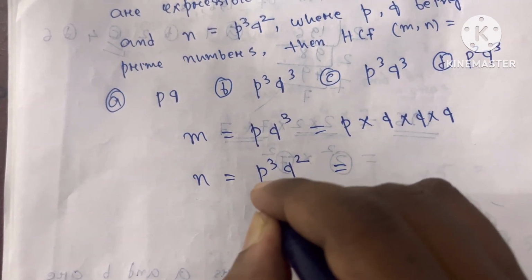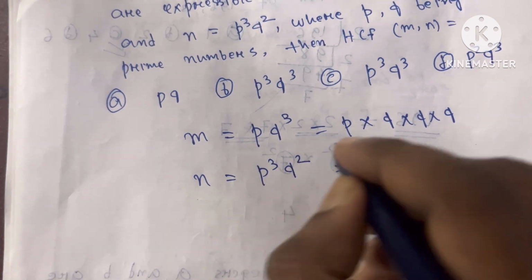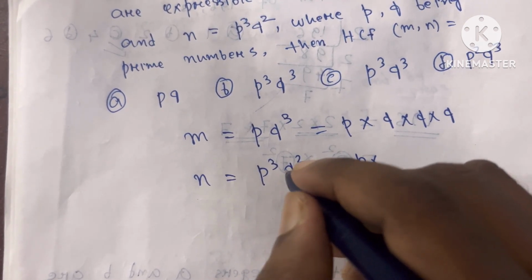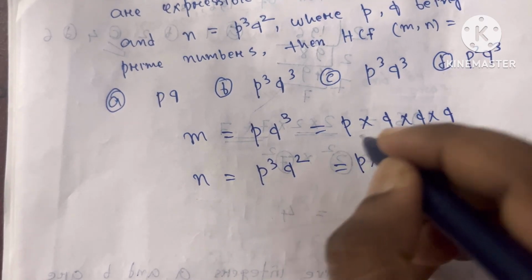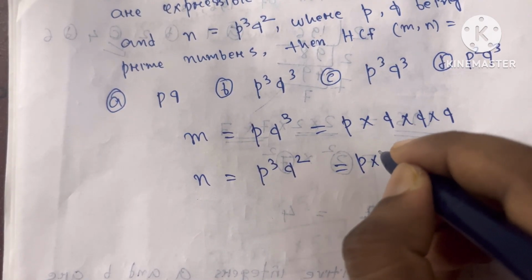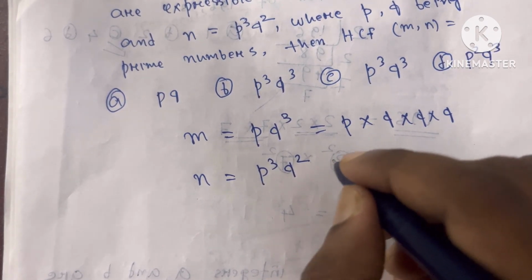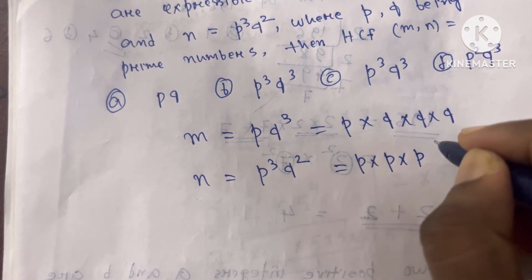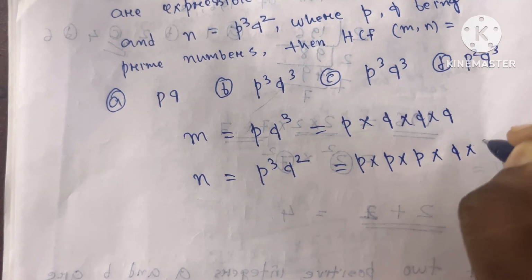Same way, p power 3 is p into p into p, and q power 2 means q into q.